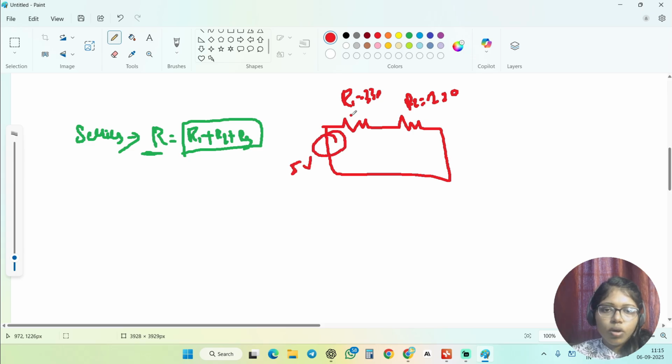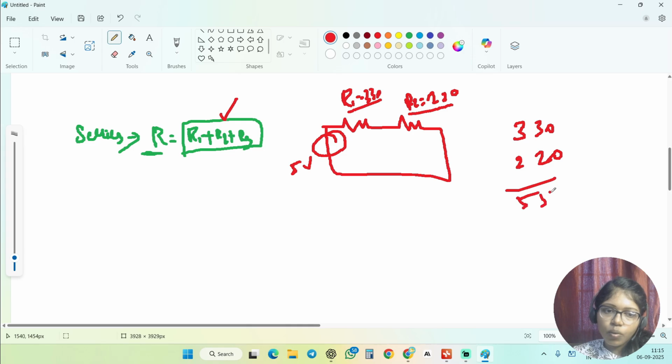Okay. So why are we adding these resistors in series? If you take the total resistance value, which is 330 plus 220 ohm, it is 550 ohm. This is the combined resistance value. Depending on this, you find the total resistance.